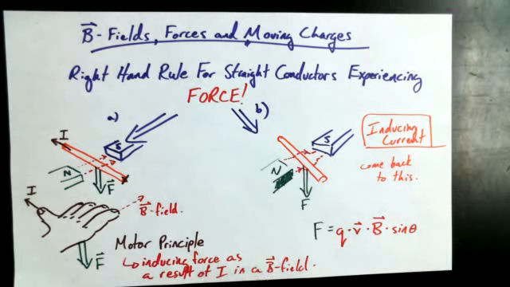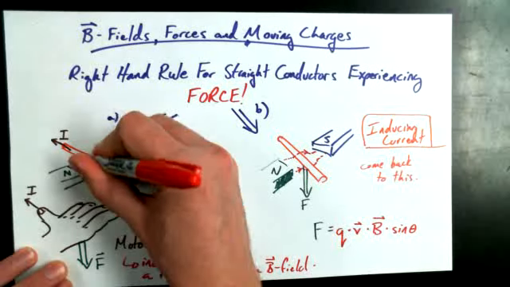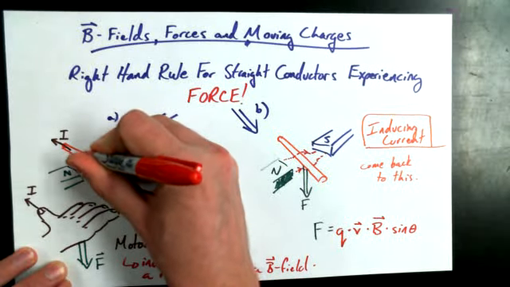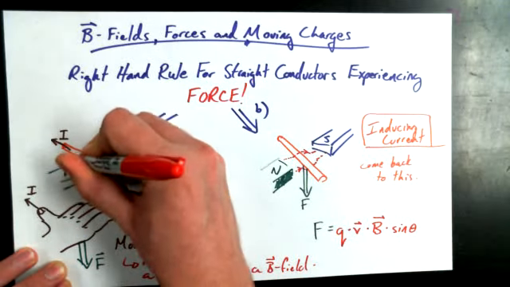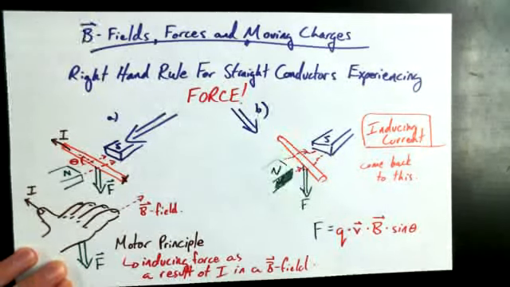And I'll tell you what theta is. The theta is the angle between the direction of current flow and the direction of the magnetic field, because sometimes the wire isn't perfectly perpendicular to the magnetic field. Sometimes the wire may be at funny angles to it.